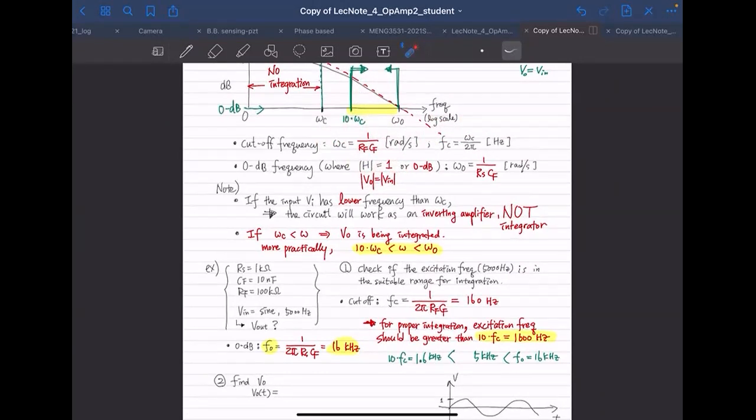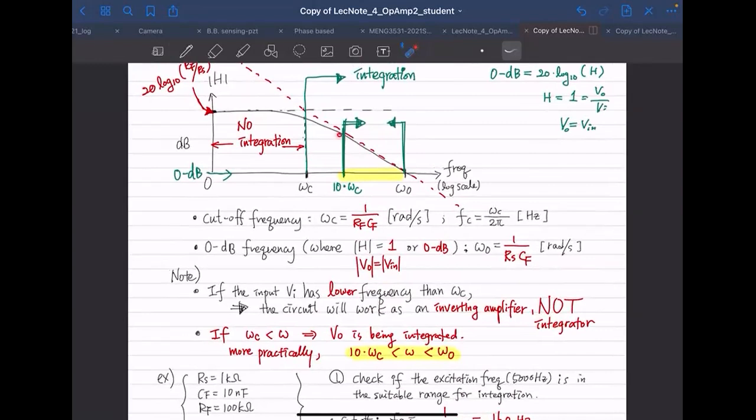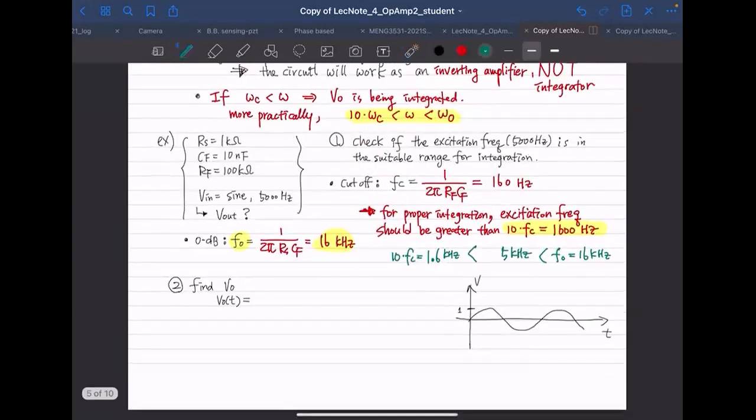So we can definitely tell the practical response that follows the black line is almost the same as the ideal line, right? So we can say suitable for integration.